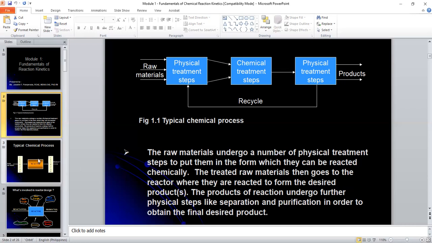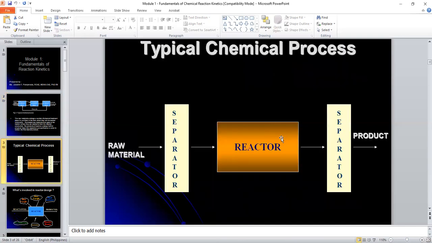So that's the very reason why chemical reaction engineering is very important. If we're going to simplify this form in here, as illustrated in our reference book for a typical process, this is it. So you have your reactor in the middle and you have separators in the beginning and then the last part of your typical process.